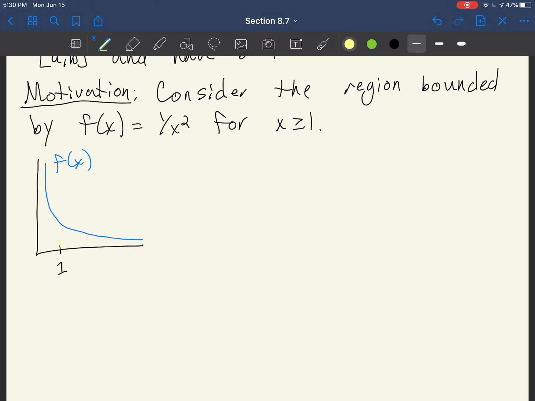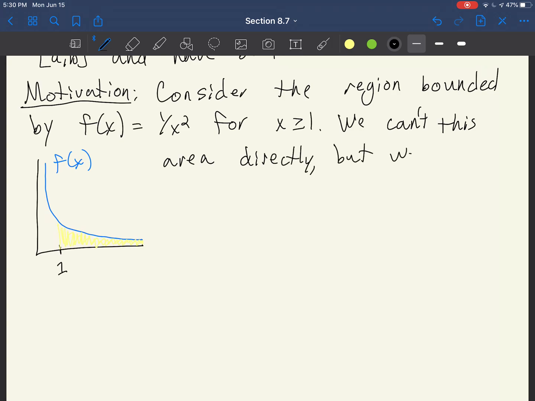And then we're starting at 1. And I'm going to color this in yellow. It's light on purpose, but we want all of this region. We can't find this area directly. I mean, it's an infinite area. You can't figure out an infinite area directly.